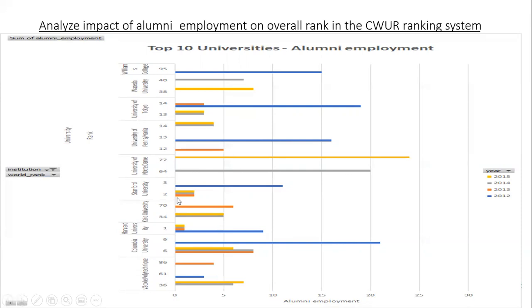So we can say that the universities which have the best ranks for alumni employment, best meaning under 5, are receiving the best actual university ranks.